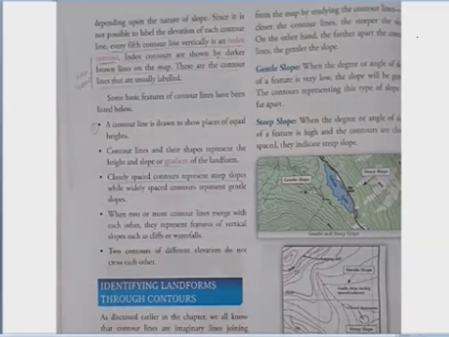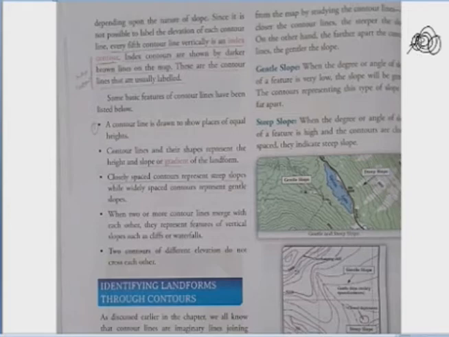Like when lines are very close like this, then the slope at this point is steep, and here where the contours are far apart, the slope is gentle. So the distance between the contour lines describes the slope.